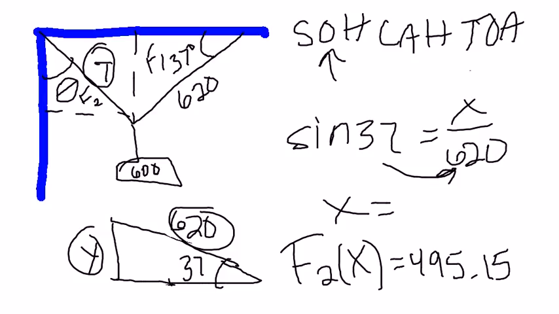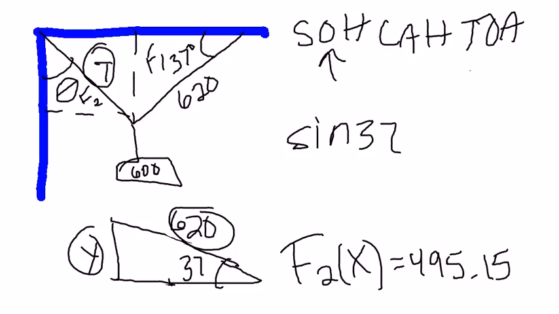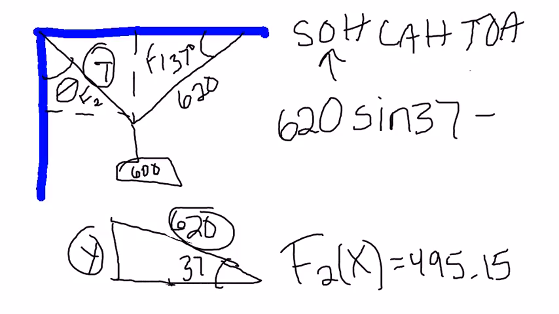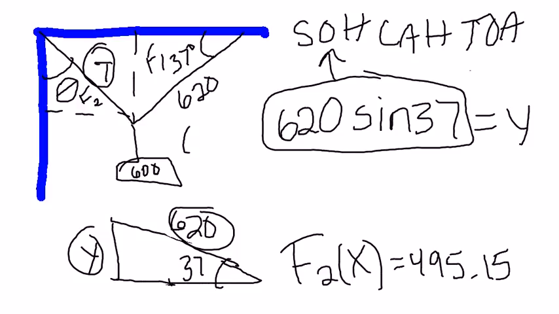I forgot a very important step. One of the big deals with this component is that we need to subtract. Let me rewrite it. So we're going to have 620 sine of 37, and we're going to try to find Y. But a very important step is that we need to subtract this whole thing from 600, because we have 600 newtons pulling down.